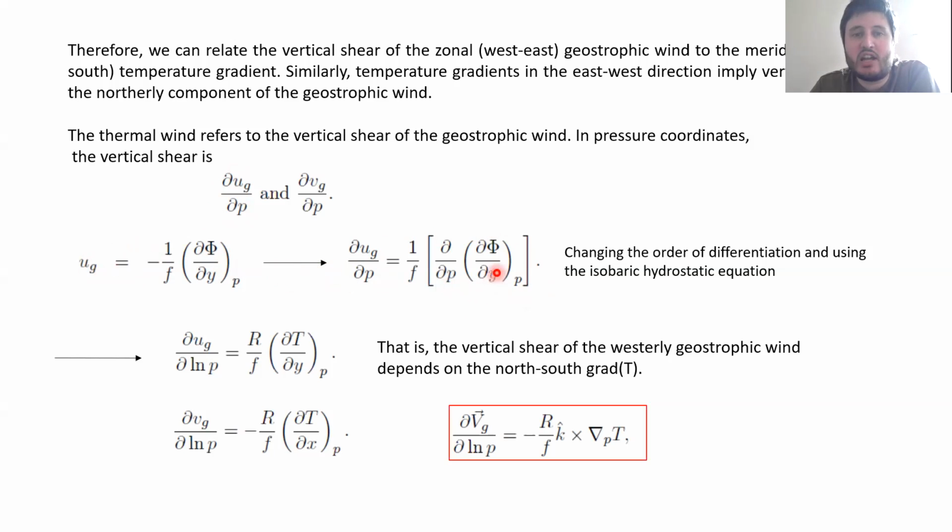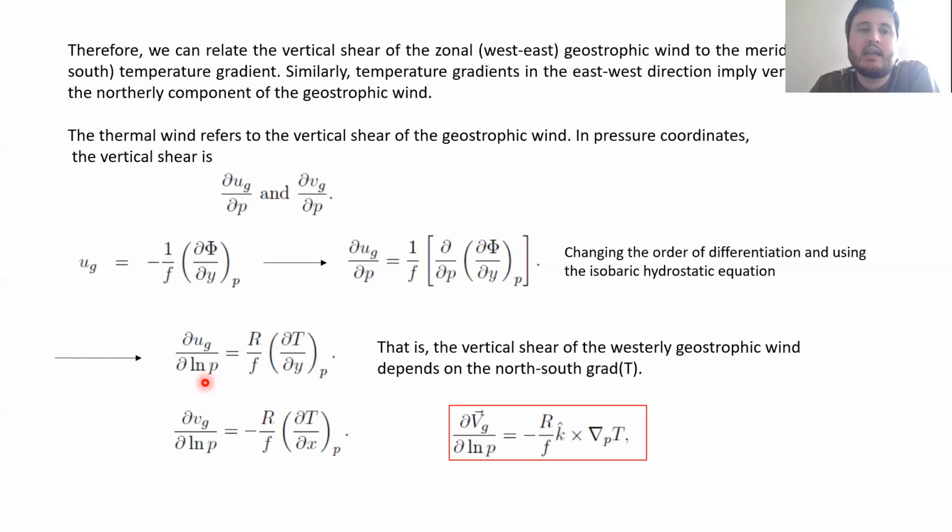We get this expression, so we differentiate each side. And now just by changing the order of differentiation, and by using the hydrostatic equation, this is going to be partial phi, partial p. We just use the hydrostatic equation, and now we get an expression that relates the change of geostrophic wind with respect to altitude to the meridional temperature gradient.